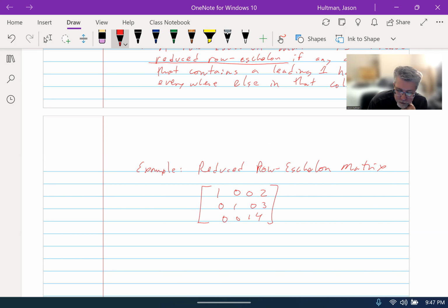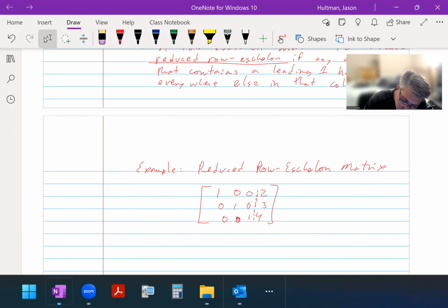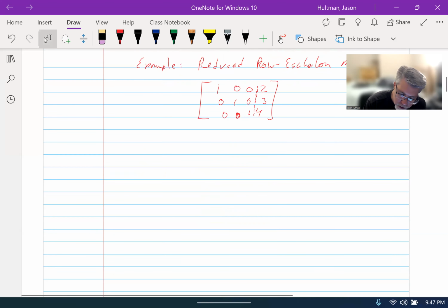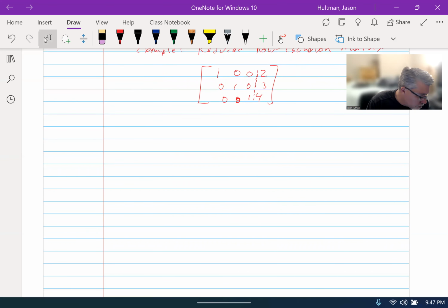If we were solving a system of equations, this form would give me the solutions to that system, and we'll cover that a little bit later. But if I augmented this matrix, you would see that my first variable would be equal to 2, my second variable would be equal to 3, and my third variable would be equal to 4. That's the goal of where we're headed with this: to be able to solve systems with these matrices.